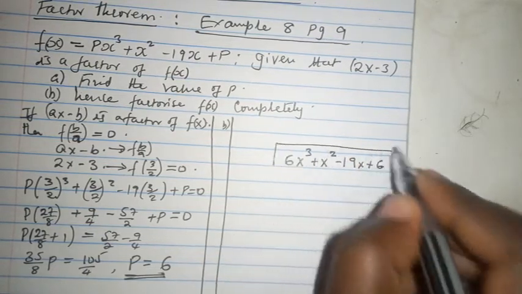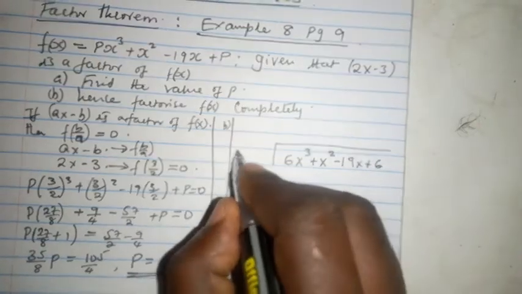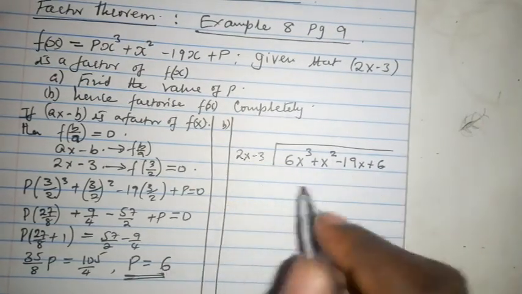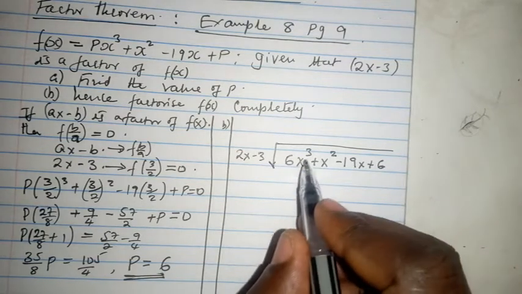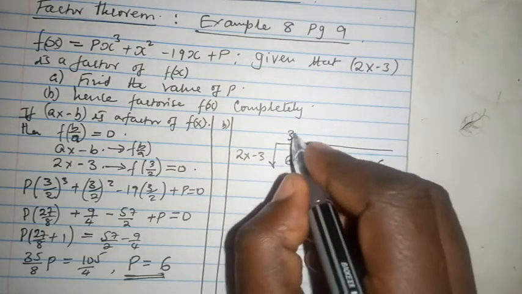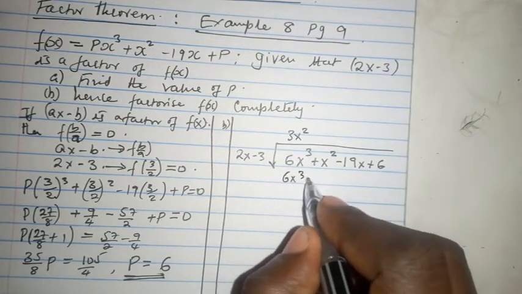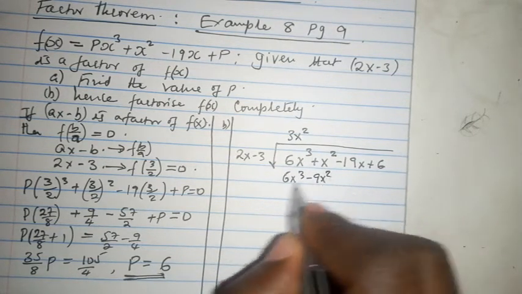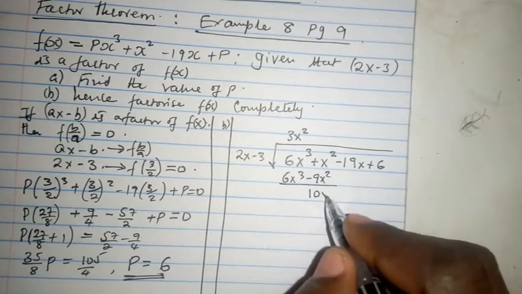Now divide by the divisor, which is 2x minus 3. Using long division, 6x cubed divided by 2x is 3x squared. Multiply out: 6x cubed minus 9x squared. This gives 10x squared.